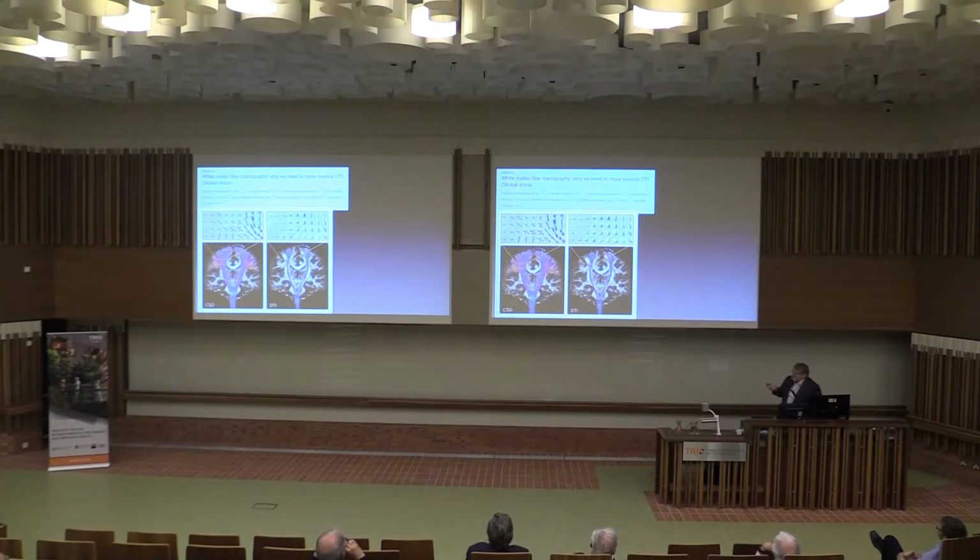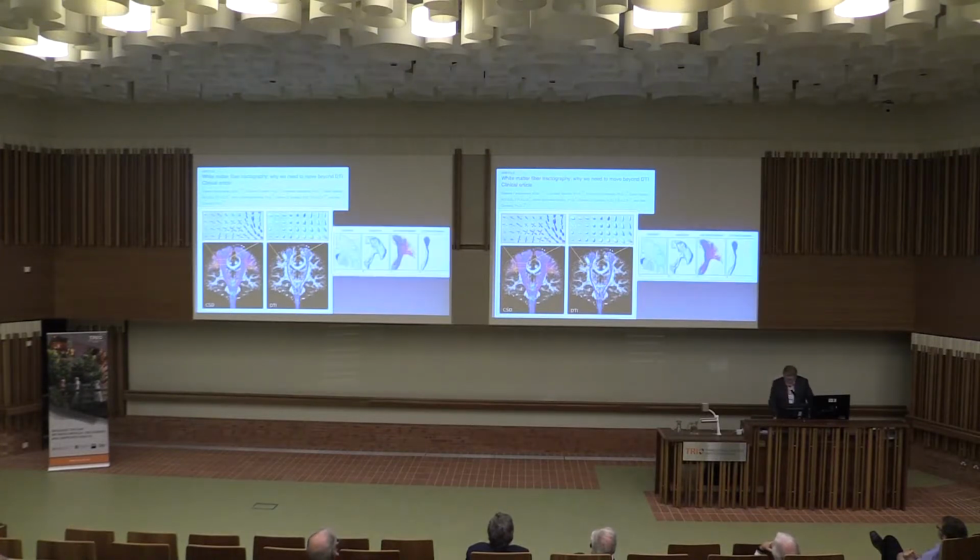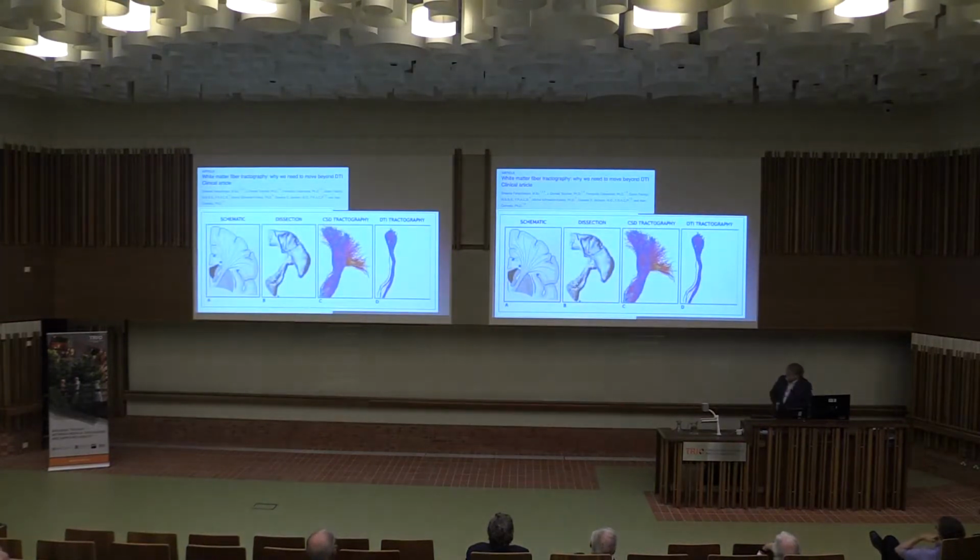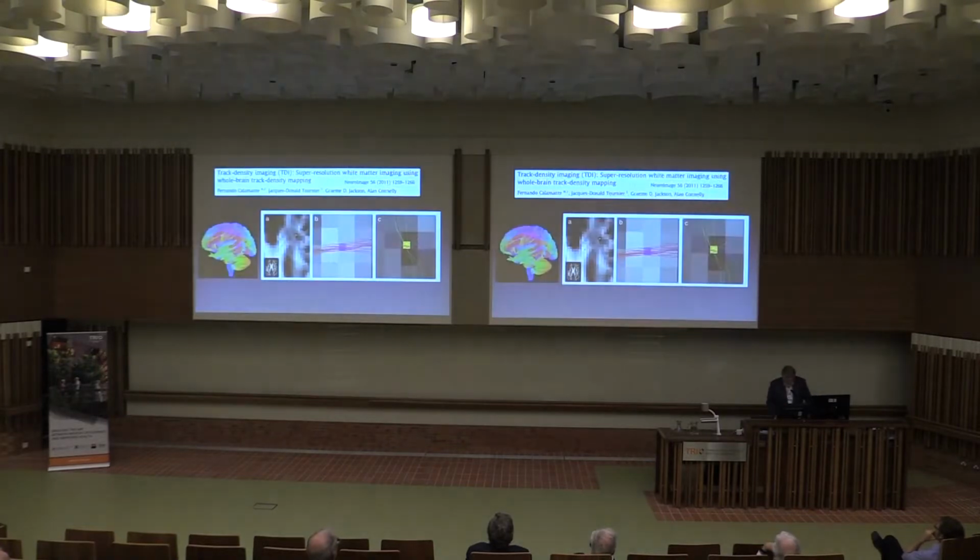You really need a model that can deal with crossing fibres, because 90% of your voxels have crossing fibres, and it has consequences. How could you find a network that ended up here when you have data like this? You need data that actually includes the tracts when they go through these crossing fibres. So you need a better model than DTI. That's the reality, and this is not the reality.